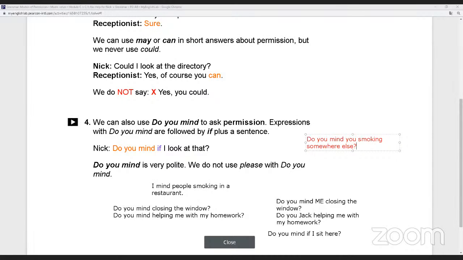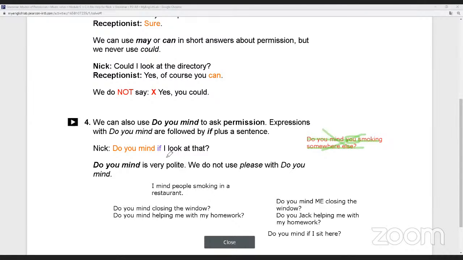We actually don't use this structure, I mean, we don't use the personal pronoun "you". You can do it without it. It's not wrong, but it sounds weird, so we're going to avoid it. When we say "do you mind", it's obviously me asking you, so why do I have to say it again? That's the reason.